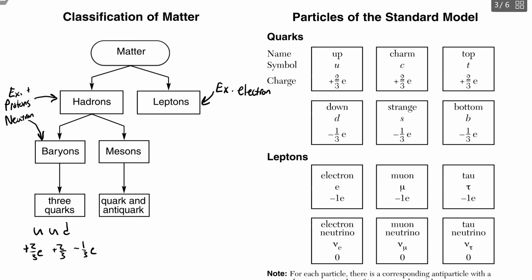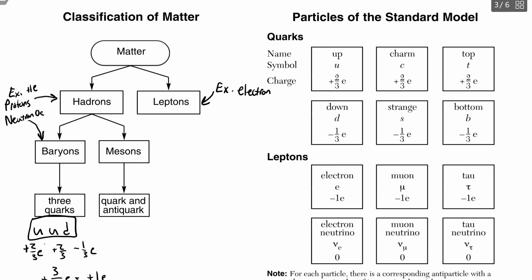Does it have a charge of positive 1 E or 0 E? So we have 2/3 plus 2/3, that's 4/3. 4/3 minus 1/3 is 3/3. So 3/3 E is equal to positive 1 E. So the quark composition of a proton is up, up, down.